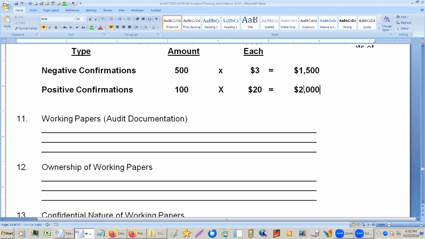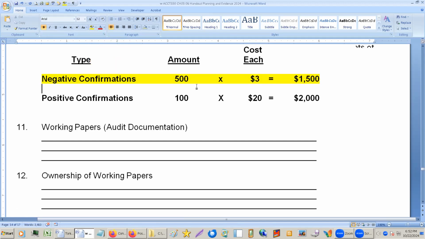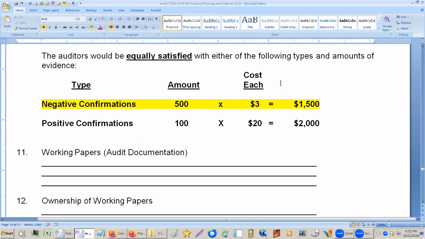Another thing about auditing is we don't always get the best evidence we can. Sometimes it's just too expensive. If we're equally happy, in this case we would go with the negative ones, everything else being the same.